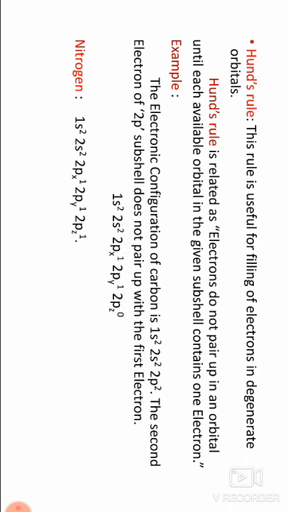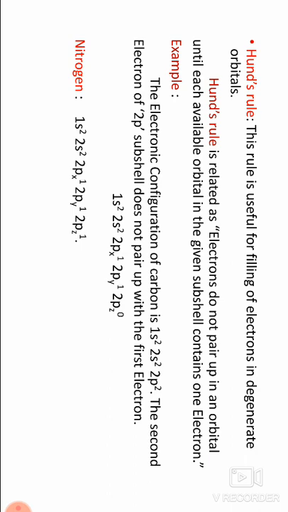Configuration of copper, Z equal to 29. The predicted configuration of copper is 1s2, 2s2, 2p6, 3s2, 3p6, 4s2, 3d9, or Argon 4s2, 3d9. As per Hund's principle, copper atom gains extra stability by having its d subshell completely filled.